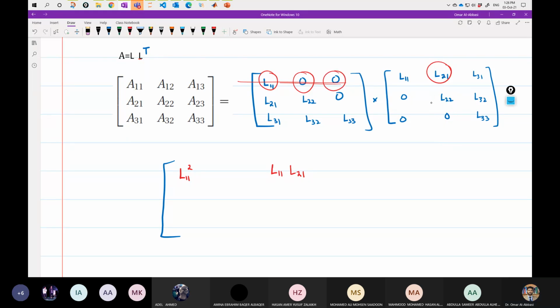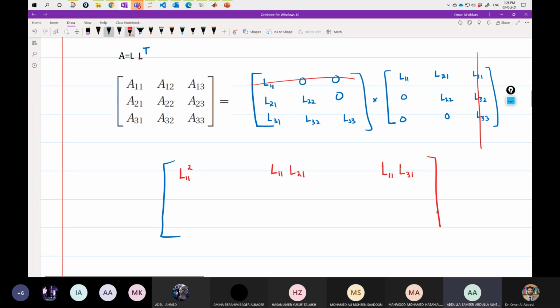All right. Let's move on. Okay. Then what do we have in the next? It is L11 times L31. Correct? Yes. And the rest is 0.